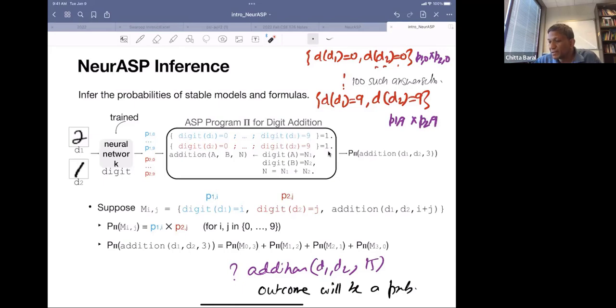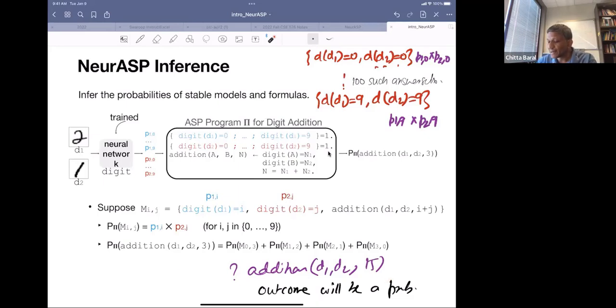But theoretically, you can define the probability of the addition of D1, D2 being 15 this way. You look at, okay, what is the value? This is 0, 0. Of course, this is not 15. So whenever you see 15, you take the corresponding probability, add all of those answer sets, and that's the outcome. That will be the probability associated with this.